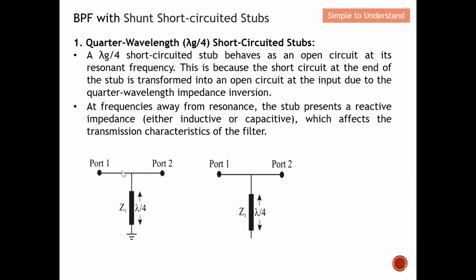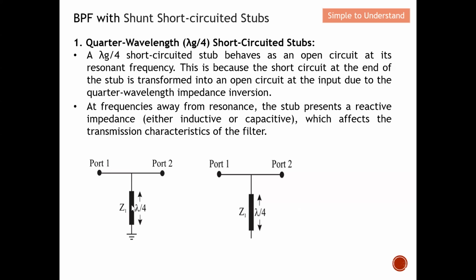Let's imagine this. Let's say a signal of 2 gigahertz passes from, let's say, port 1 to port 2. If they are able to pass to port 2, it means that this 2 gigahertz signal is able to pass through these characteristics. Over here, this is a short circuit, and it becomes an open circuit.